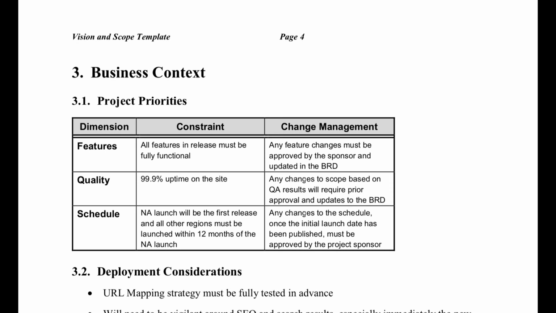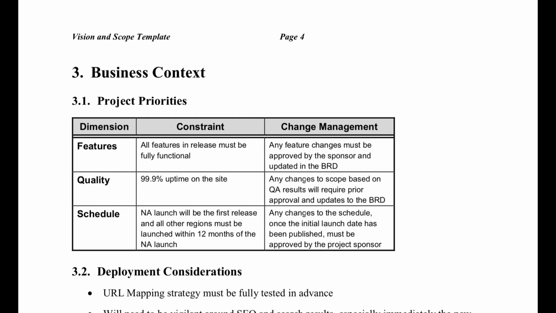So meaning, once we've determined that, say, North America is going to go in September, if we find that we can't complete everything by the following September, then that change in the schedule has to be approved by the project sponsor. So that is an example for you of project priorities: the dimensions, the constraints, and the change management process for each of those.